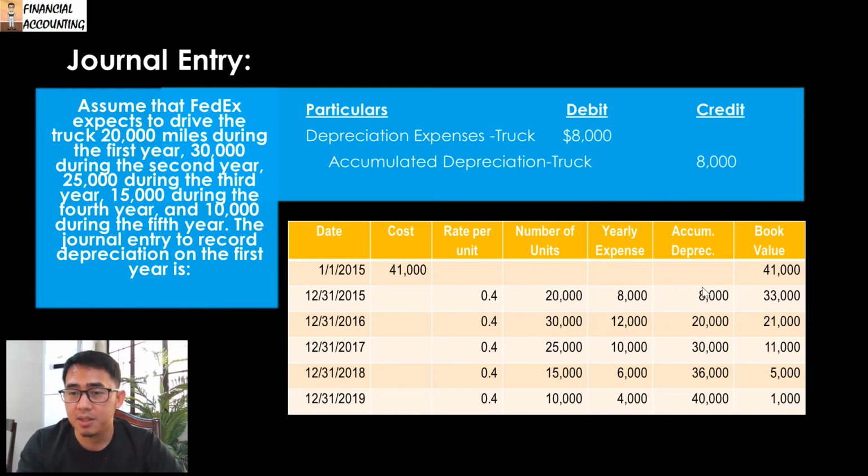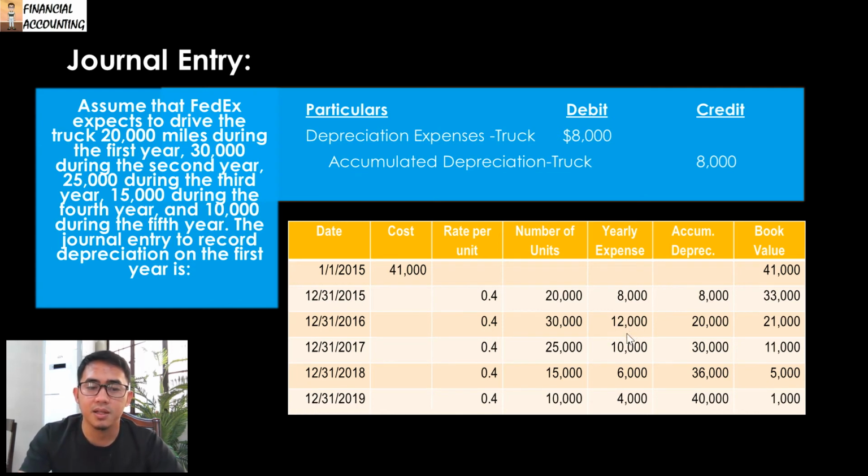So our accumulated depreciation now would depend on the depreciation. So we have here 41,000 book value on the first year, and we have recognized depreciation of 8,000. So accumulated depreciation is 8,000. Our book value is 33,000. On the second year, for the same entry, you have recorded depreciation expense of 12,000.